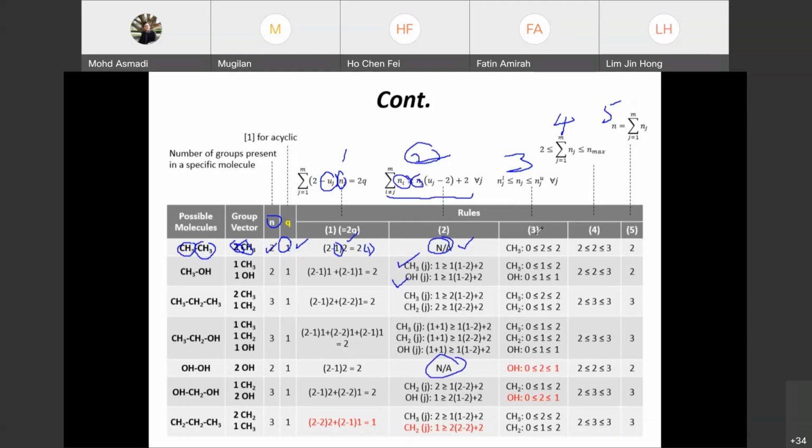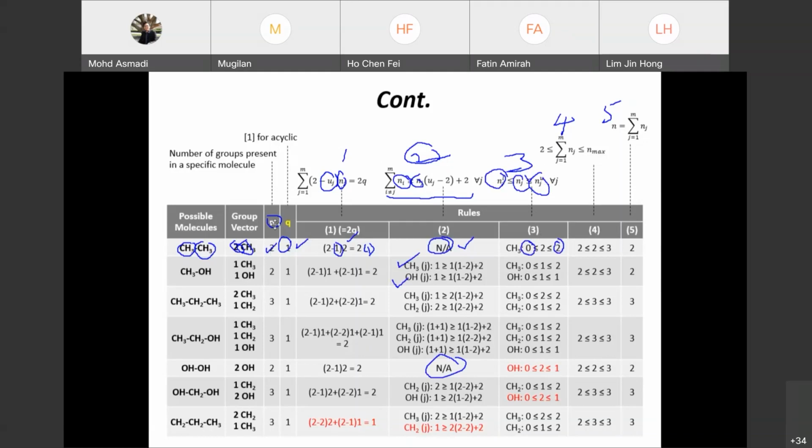For the Nj, the upper bound and lower bound, as I told you, the lower bound we set as 0 generally, and the upper bound is maximum only 2 for CH3. We see the previous table, the previous slide. And then Nj is 2, the number present.